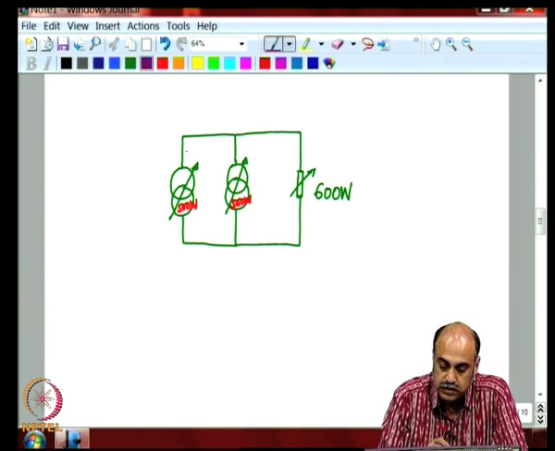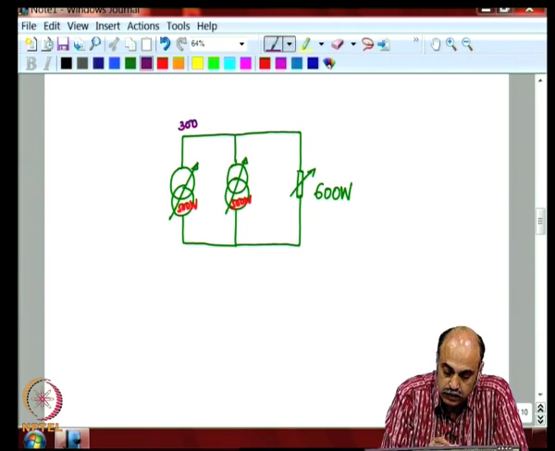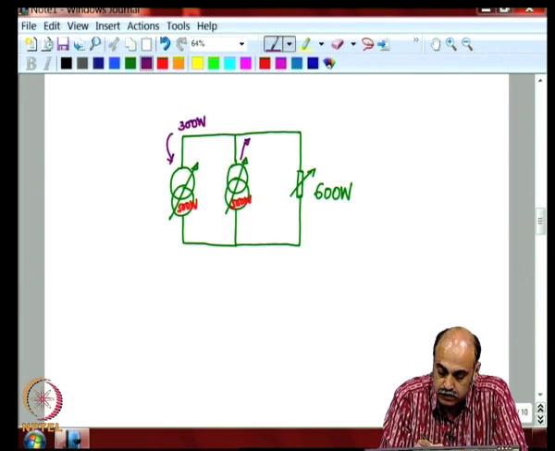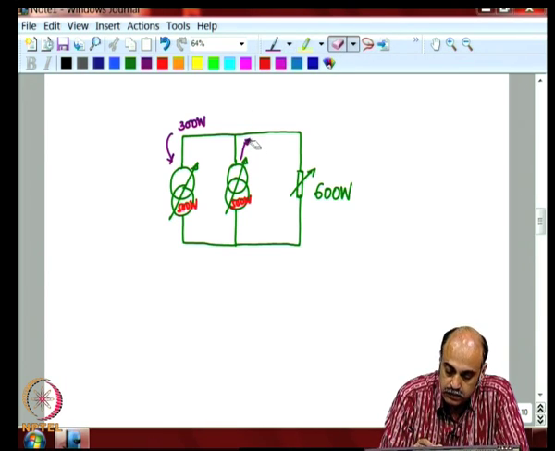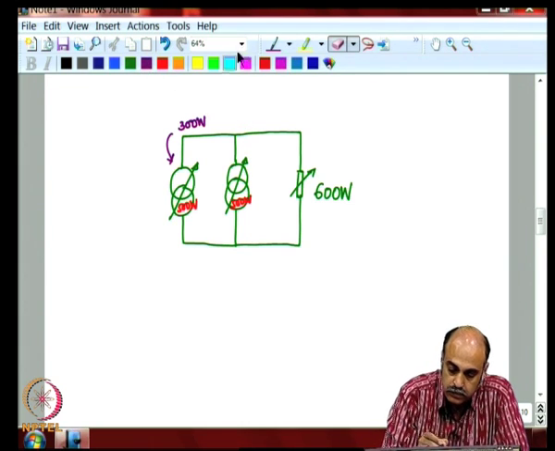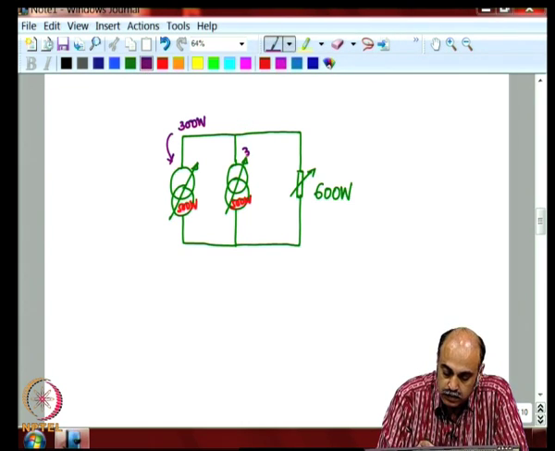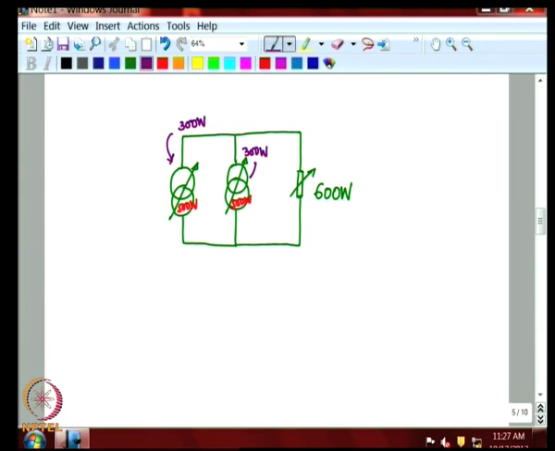then you can set to draw 300 watts from this source and 300 watts from this source, or you can make it to happen with 400 watts from this source or 200 watts from this source.